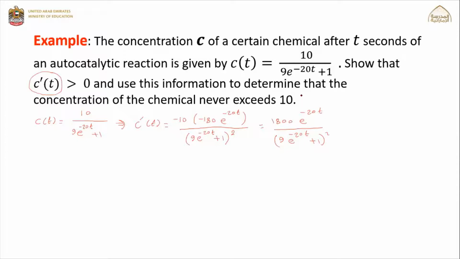This is the derivative of C(t). Now, this derivative is greater than 0. Why?